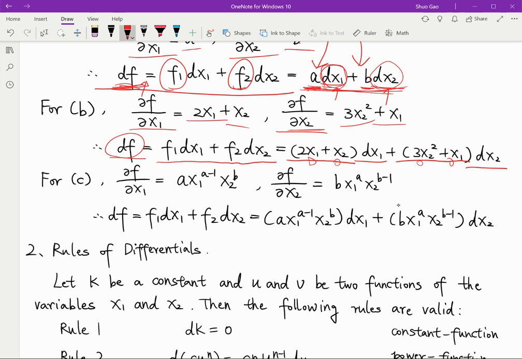In the first example, a and b are constants, so there's no x1 and x2 in the function. But for the second case, df is also related to the values of x1 and x2. So if you want to find the total differential, you need to plug in the specific values of x1 and x2.